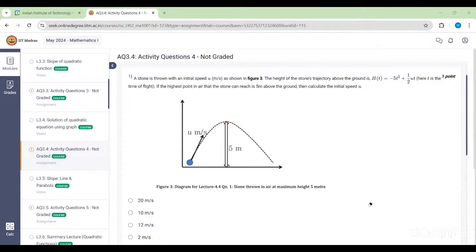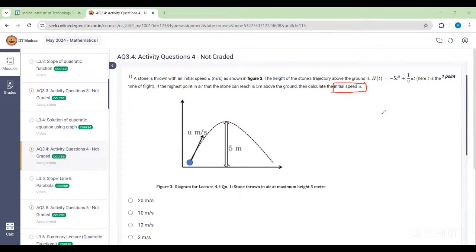Ma'am, we've already been given 5 meter as the y coordinate of the vertex, right? So why exactly are we putting u by 20 or u by 2? Because our goal is to find u, so we will find an expression which involves u.